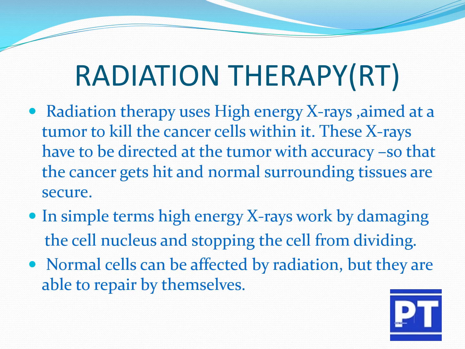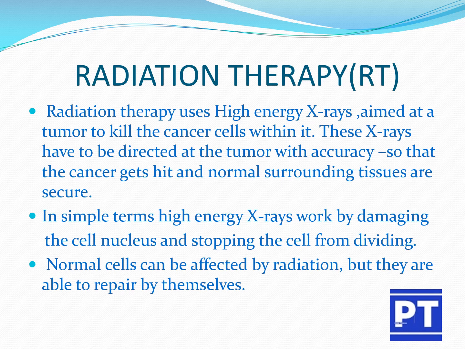Here we are using high energy X-rays, aimed at the tumor to kill the cancer cells within it. These X-rays are directed at the tumor with accuracy so that the cancer gets hit and the normal surrounding tissues are spared. The X-rays are directed to the tumor cells and those cells are killed by the radiation.